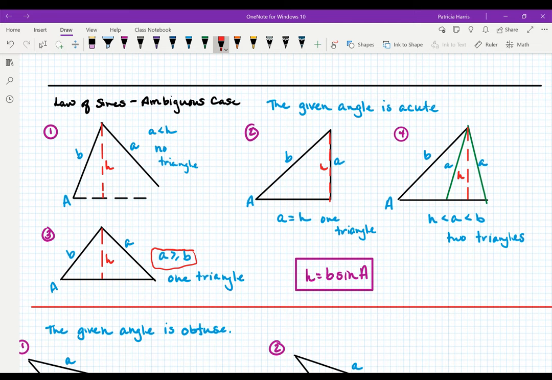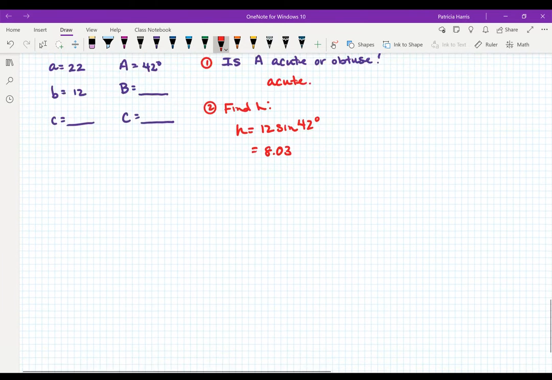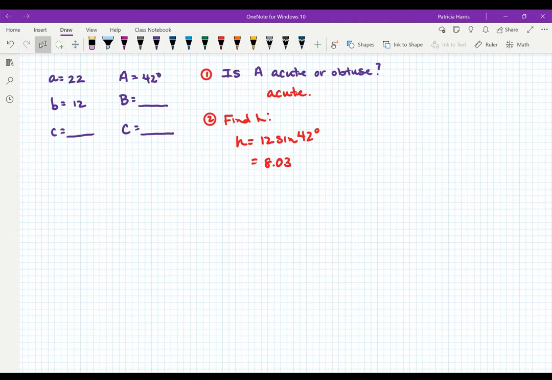It says that B is greater than A, but it's not. It's less than. So for that one, I didn't really even have to find h, but it was a good idea to, because again, I didn't know what I had to compare. All right, so conclusion: one triangle possible.